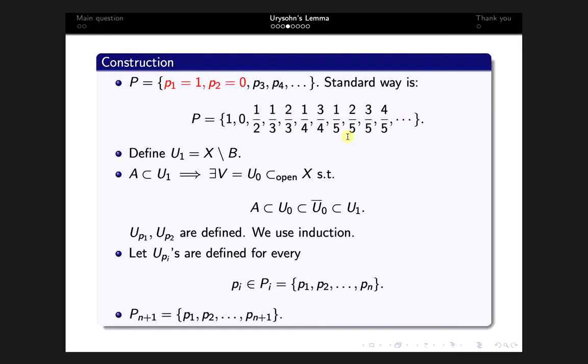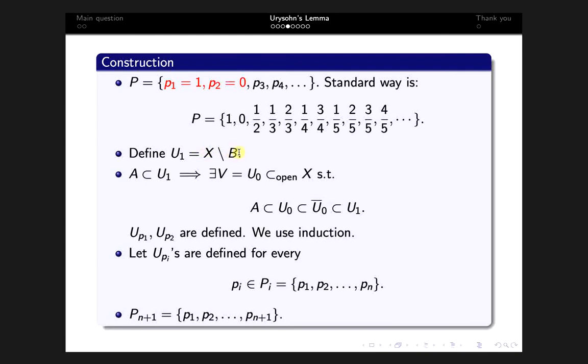Now we construct the open sets U_r for every r in P. For r equal to 1, that is p1 equal to 1, we define U1 equal to X minus B. Note that B is a closed set in X, so X minus B, that is B complement, is open.